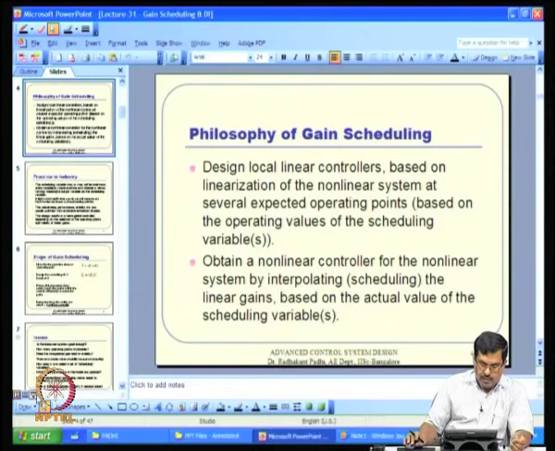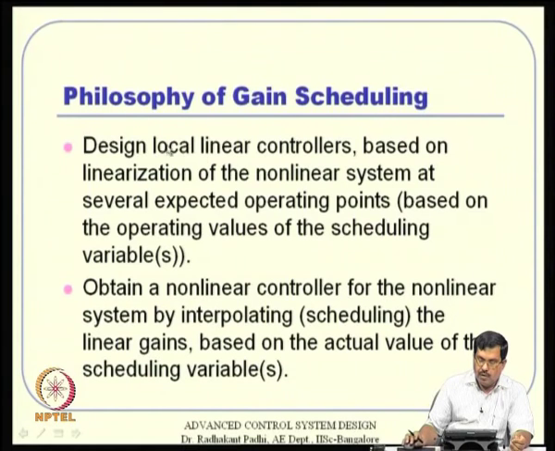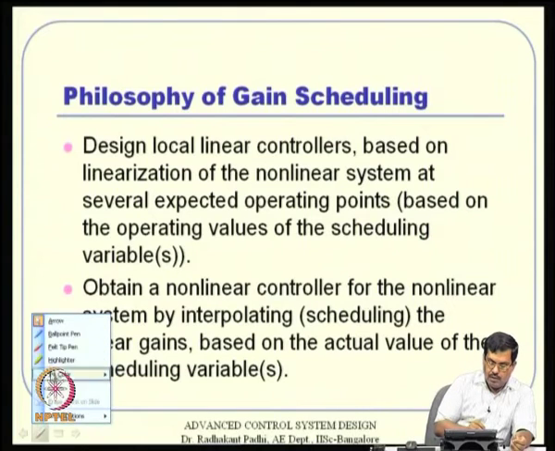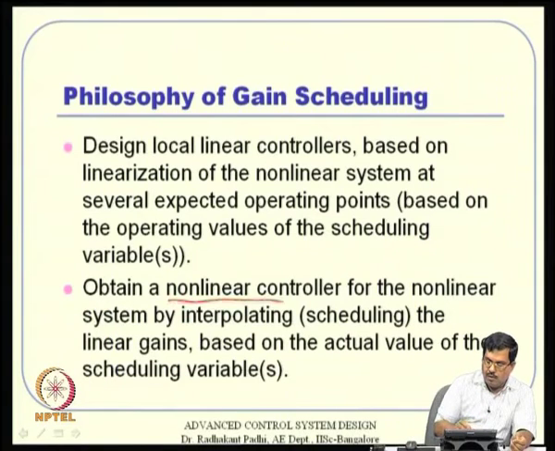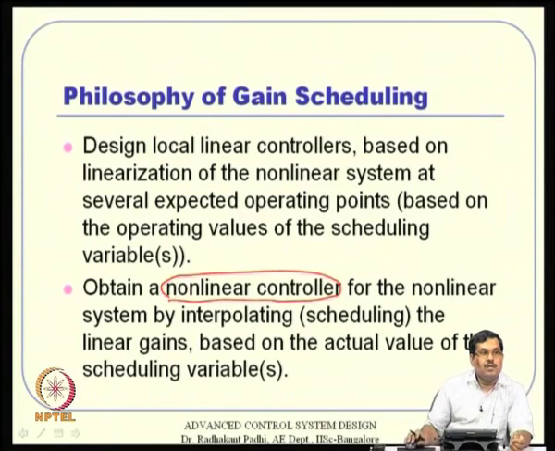So, coming back, this is what we need to do: design local linear controllers based on linearization of the nonlinear system at several expected operating points. Okay. And then obtain a nonlinear controller. Remember, what we are really looking at is actually a nonlinear controller, because ultimately when you interpolate, the gain becomes nonlinear. I mean, the controller becomes nonlinear actually. Okay.